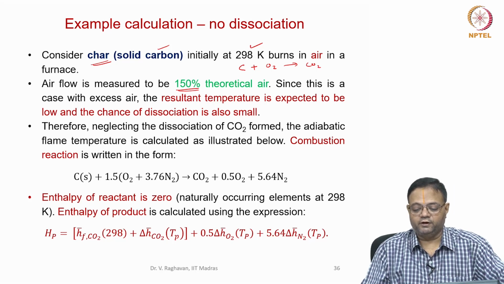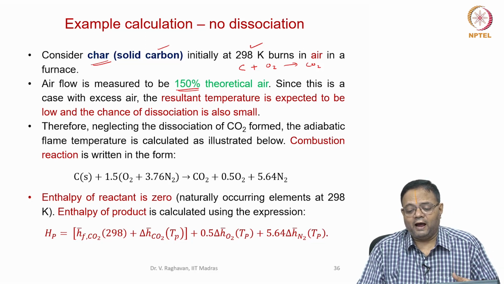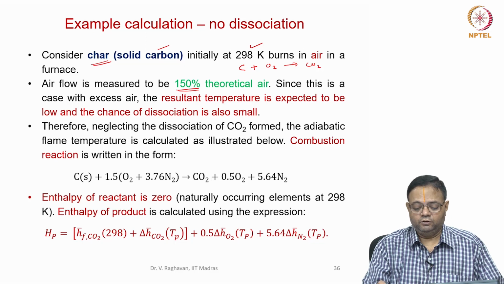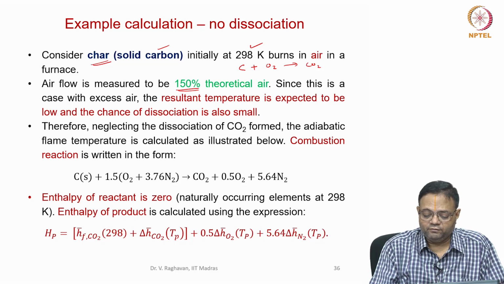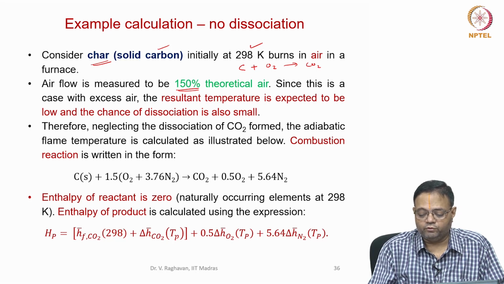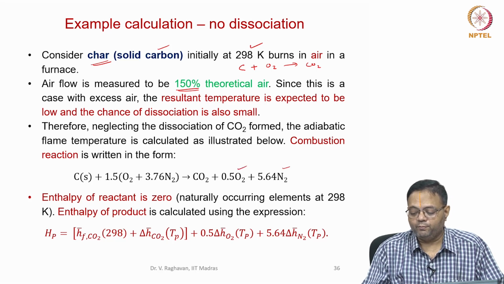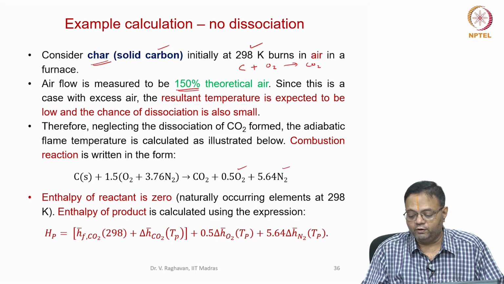So, the equation is written here. Now when I add 150% theoretical air, please see: 1.5 times O2 comes with 1.5 into 3.76 times N2. In the products you will see that 0.5 moles of O2 plus 5.64 moles of N2 will be there.